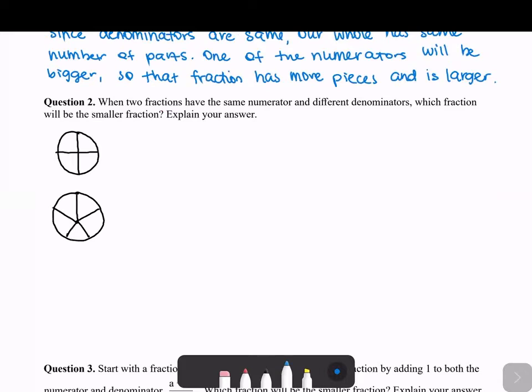And say that we have 2 of each of these. So we have 2 quadrants here, 2 of these parts of this whole. So we have 2 of the quadrants here, and then 2 of the fifths down here.